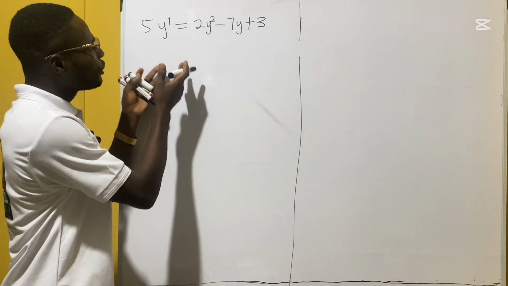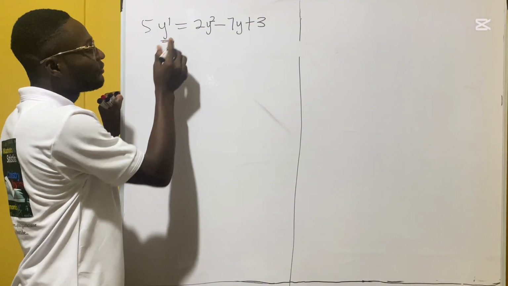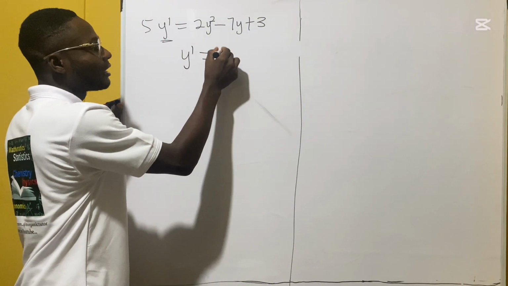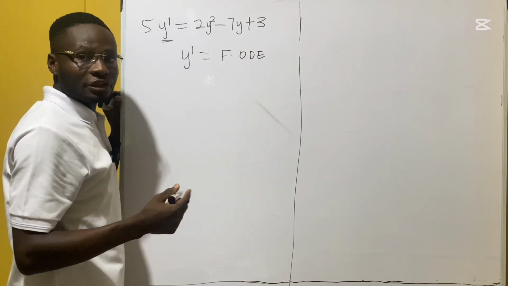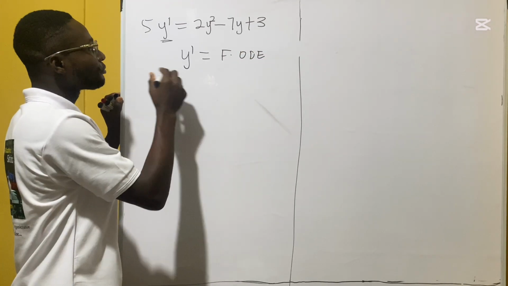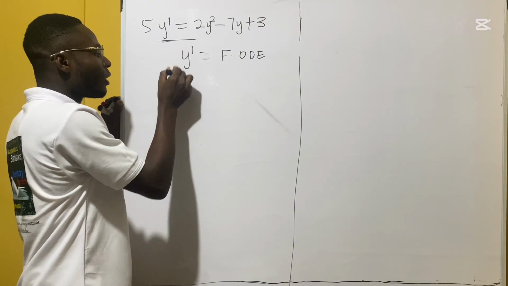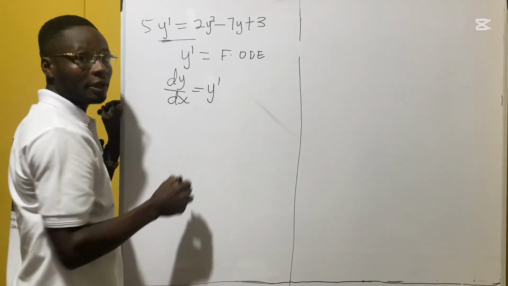How do we know that this is a first order equation? We can see that this has been differentiated only once. So y prime symbolizes that this is a first order differential equation. Before we can solve this, dy/dx must represent the y prime.